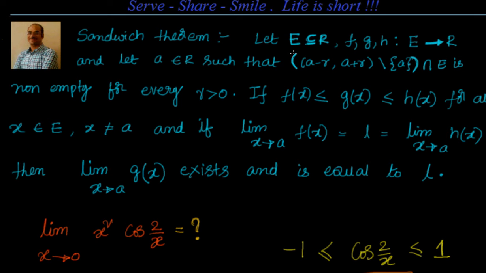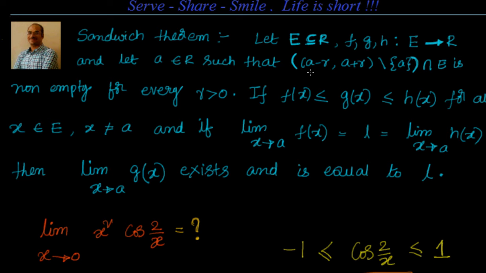The sandwich theorem says: let E be a subset of R, let f, g, h be functions mapped from E to R, and let A belong to R such that the open interval (A minus r, A plus r) other than A, intersection E, is non-empty for every r greater than 0.